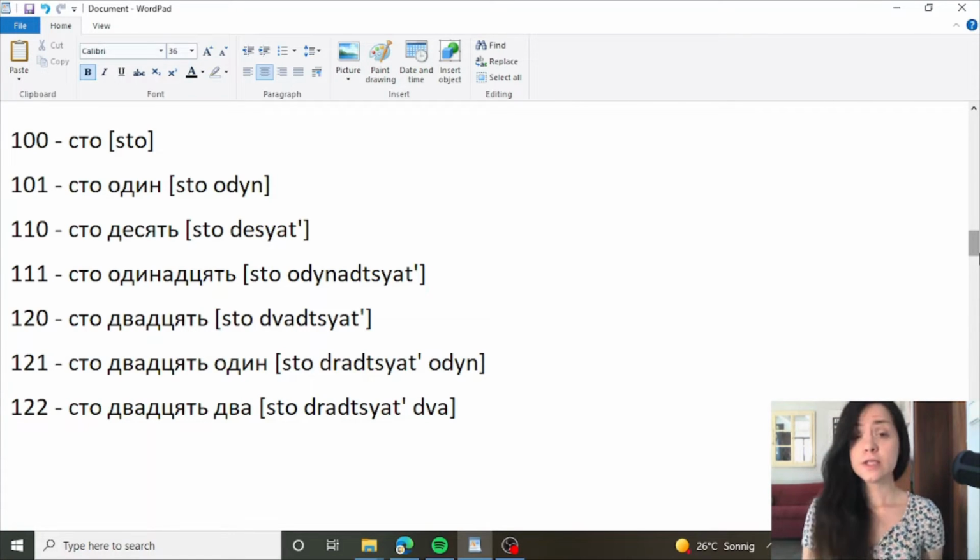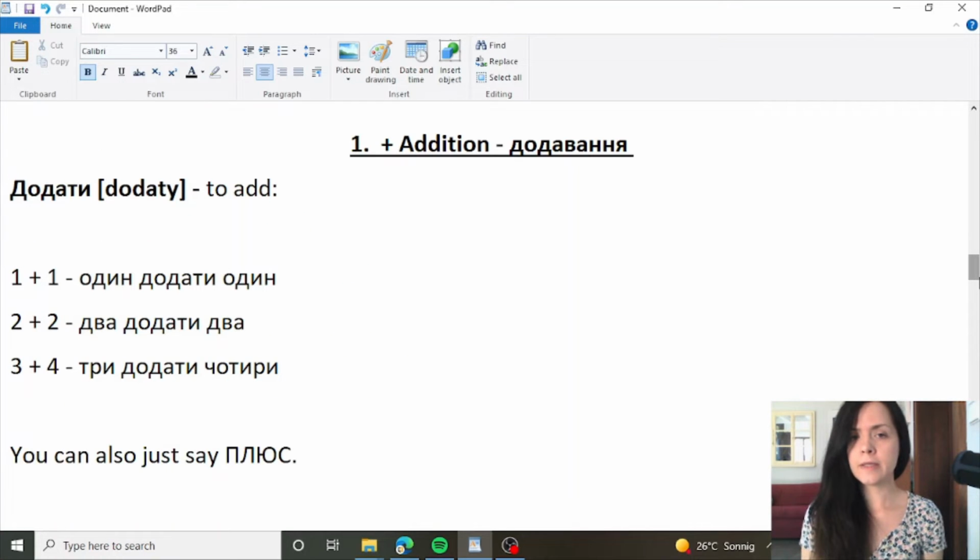So for instance, 137 would be this, 145 this, and 189 this. Okay, and now that we are finally done with numbers, we are going to take a look at addition.